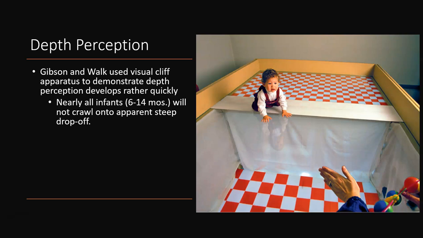Nearly all infants, by the time they get from 6 to 14 months, are crawlers. They're crawling, they're starting to walk, they're moving around their environment on their own. As a result, it'd be really nice from an evolutionary standpoint if they would be afraid of walking off a cliff.